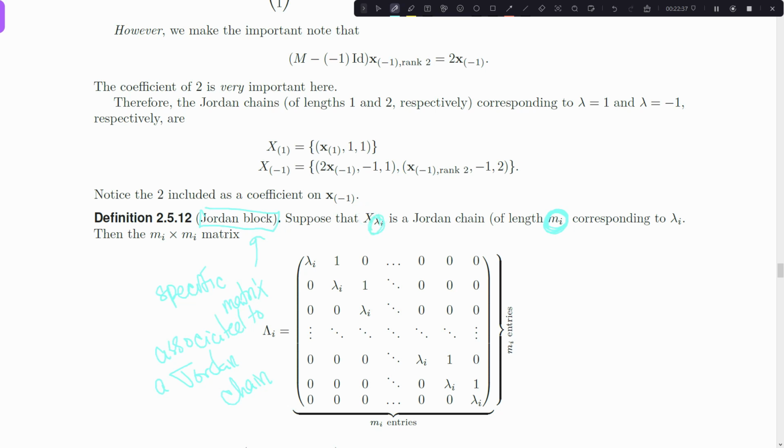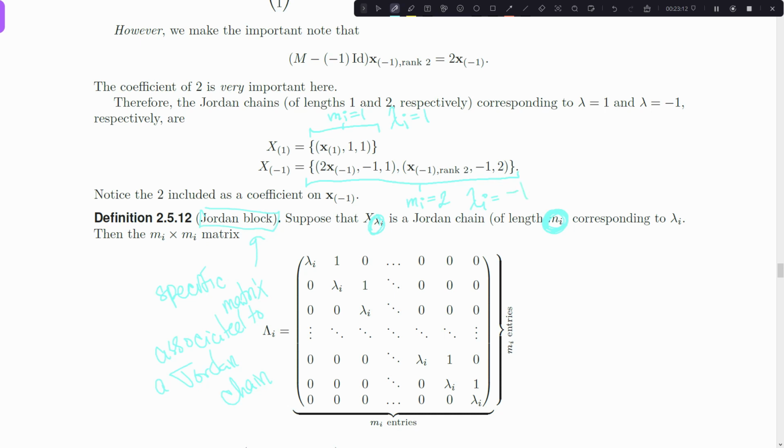Associated to some very specific eigenvalue. And it has a very specific length, m_i. Okay, so in that case, m_i here is 2, because there are 2 elements there. m_i here is 1. Lambda_i here was 1. Lambda_i here was -1.